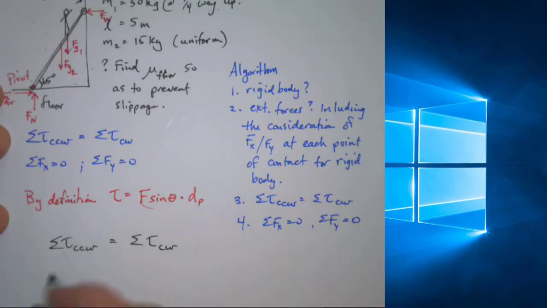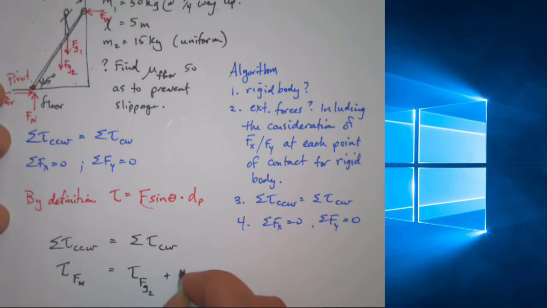So the counterclockwise torque will be due to the force of the wall, and the clockwise torques will be due to the force of gravity on the ladder plus the torque due to the force of gravity between the person on the ladder and the earth.